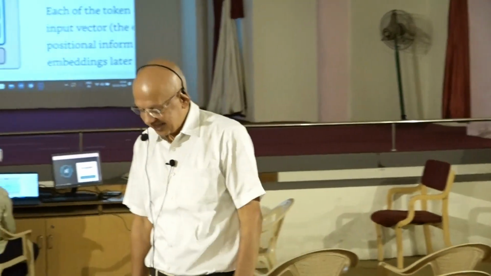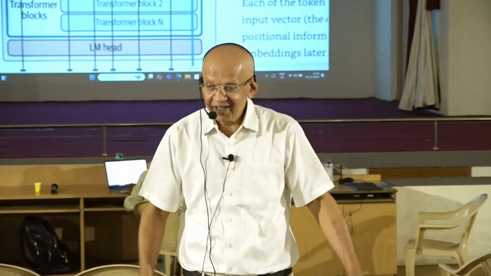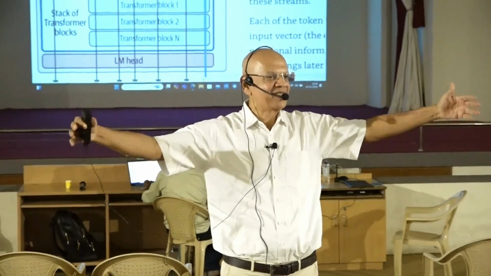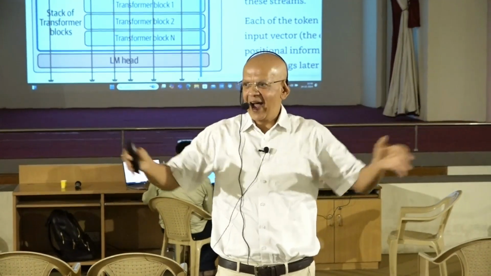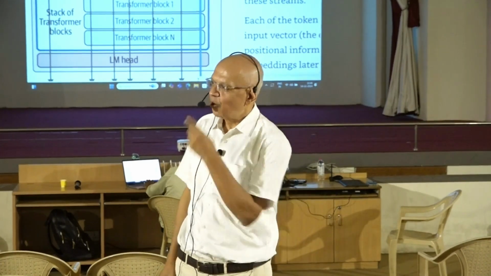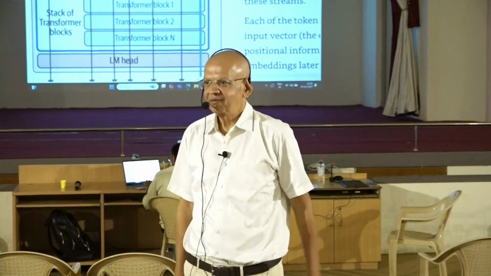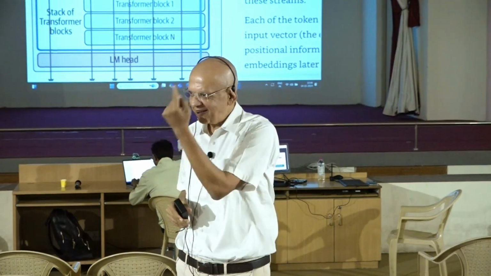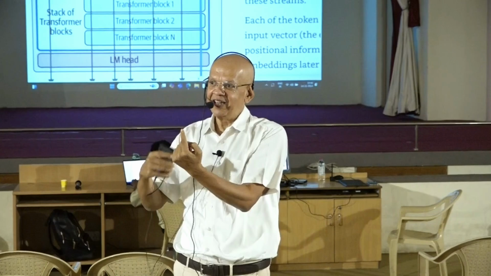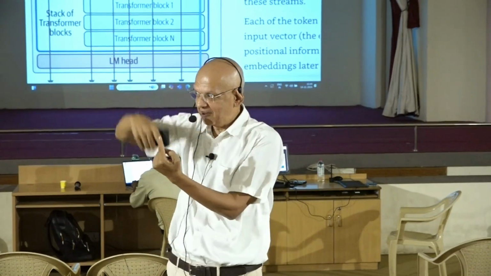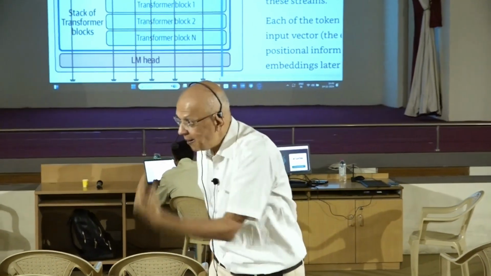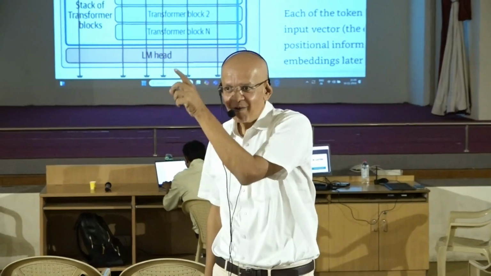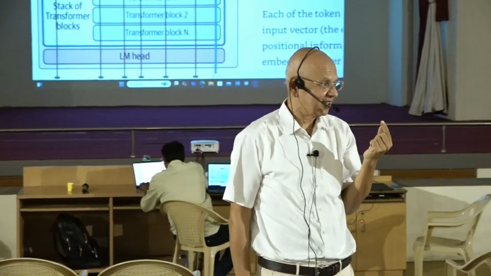The second problem is that it doesn't lend itself to parallel execution. How many words am I processing? Only one at a time. If you imagine the recurrent neural network, while processing that one word, I am taking the hidden state of the previous word, but at any one point, I am handling only one word. That is very important to understand.